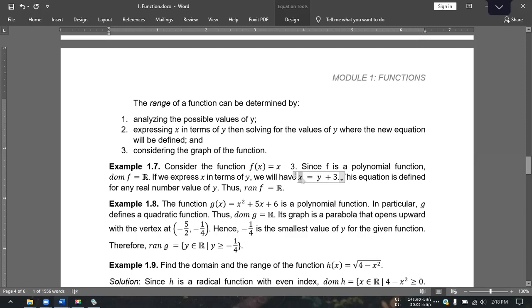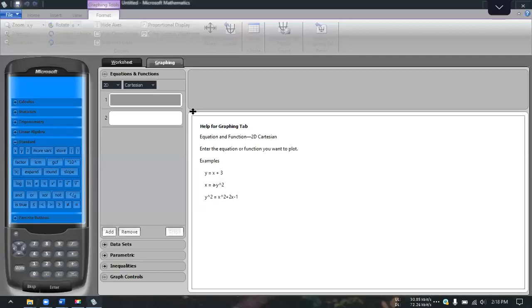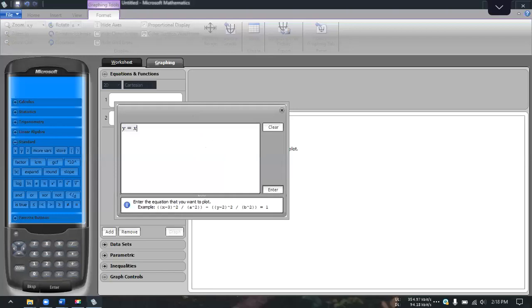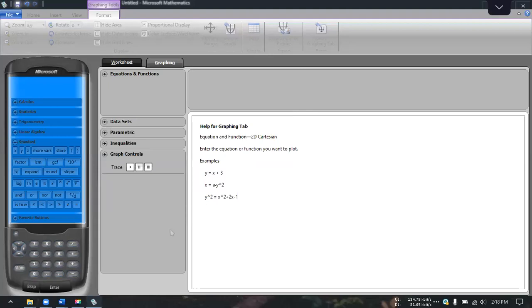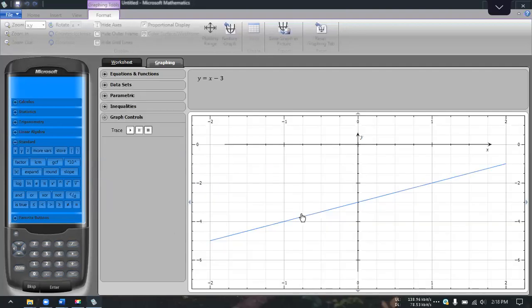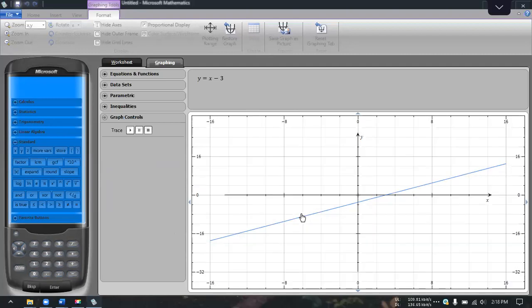Now, to graph this, let me show you bakit naging real numbers yung domain and yung range natin. Graphing this function, we have y is equivalent to x minus 3. Okay, are you seeing the graph? Medyo delayed siya kasi yung connection ko.